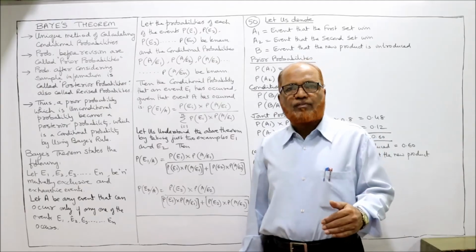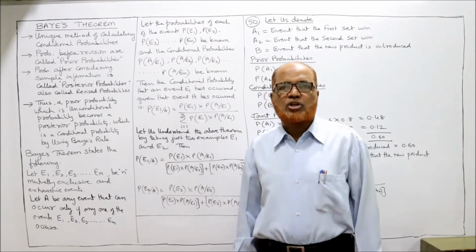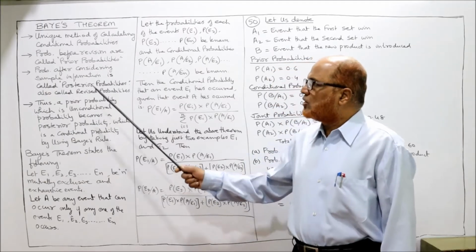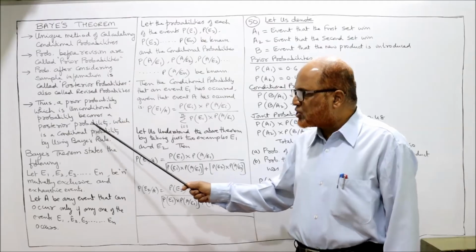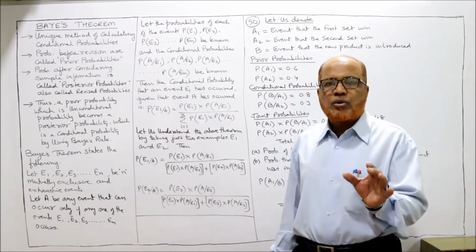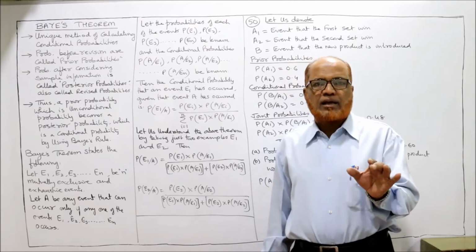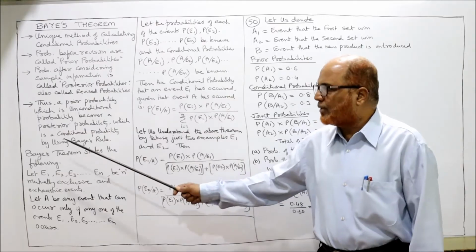Now we take additional information and after considering the sample information, the new probability is called posterior or revised. Thus a prior probability which is unconditional becomes a posterior probability which is conditional by using Bayes' theorem. The contribution of Bayes' theorem is this only, how to convert the prior into posterior by using additional information.